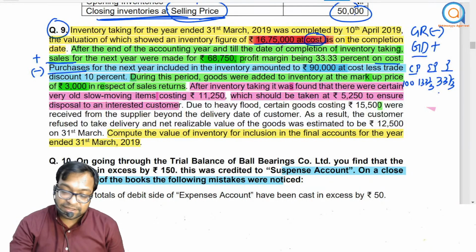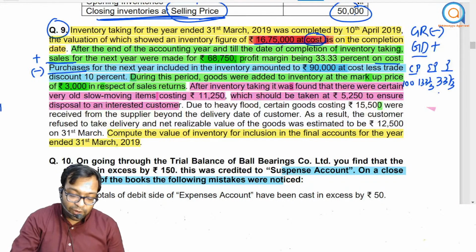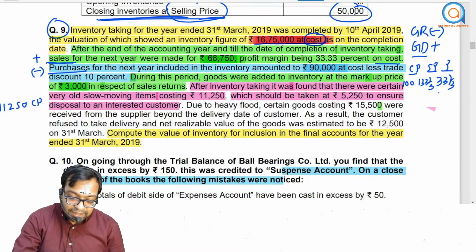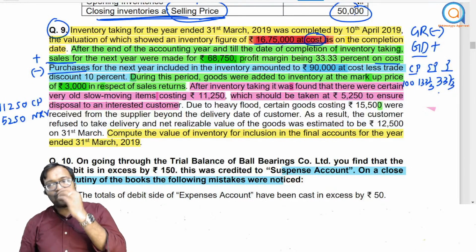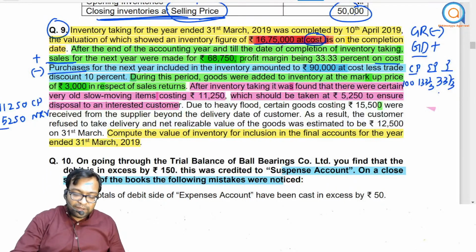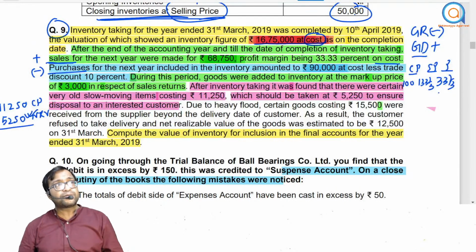In short, they are trying to say there are certain goods whose cost price is 11,250. But its net realizable value, NRV, is this much, and you know the rule, stock should be valued at cost or NRV, whichever is lower. So this should be valued at how much? 5250.